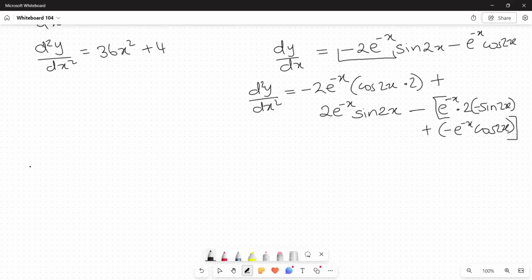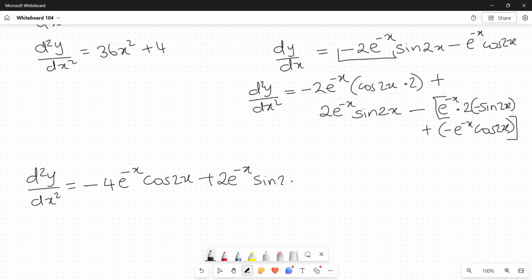Okay, so if I just write it over here, d2y dx2, this is negative, so I have negative 4 e to the power of minus x cos 2x plus, okay, and we have 2e to the power of minus x sine 2x.